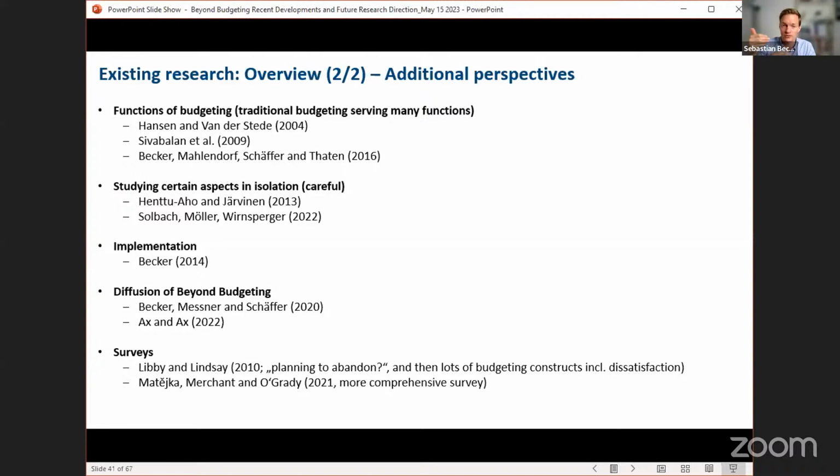It's much more complex, right? So if you want to grasp and capture Beyond Budgeting in a survey, you should be much more sophisticated, right? Because, I mean, beyond budgeting, if we think it's 12 principles, you have to really capture this complexity. You cannot just say, are you a beyond budgeting company? Yes or no, right?